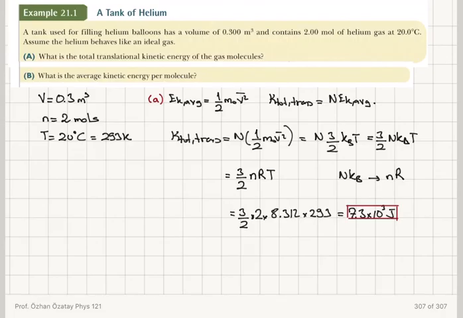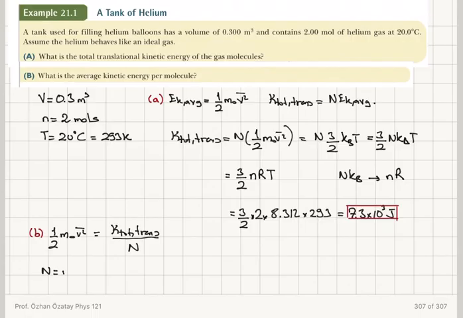And in part B, what is the average kinetic energy per molecule? Well, I know the total, so if I just divide it by the number of molecules, I would find it. So the answer, 1/2 m0 v square bar, is the total translational kinetic energy divided by the number of molecules n. And what is the number of molecules here?